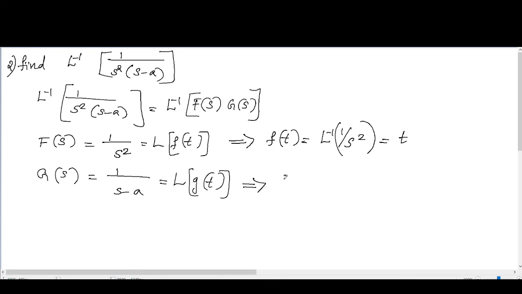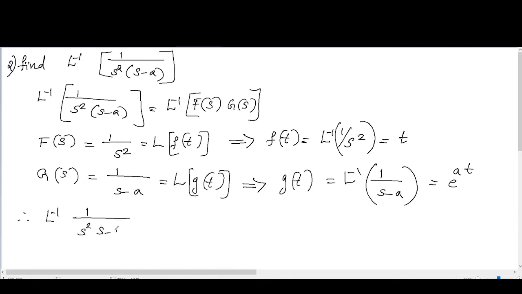Now this implies g of t equal to L inverse of 1 by s minus a, and its value is e raised to at. Therefore, we can move to our question now. Therefore, L inverse of 1 by s square into s minus a is equal to L inverse of f of s into g of s.